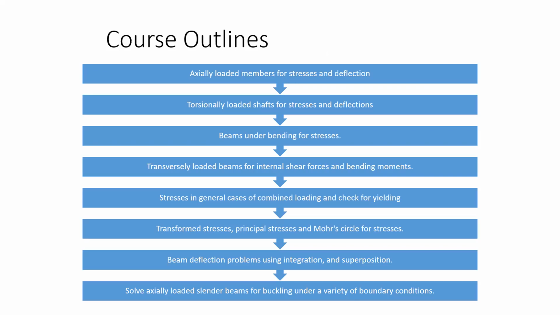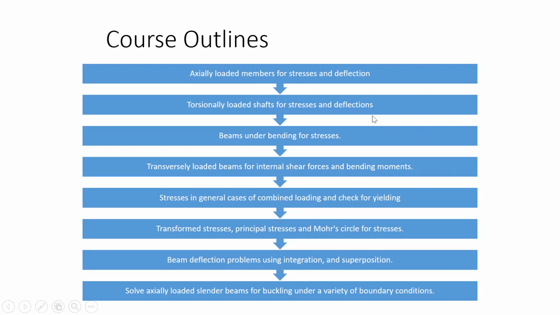So this is the course outline. First, we will learn how components respond if we give an axial load. What kind of stress can be developed in those components and how they will deflect.